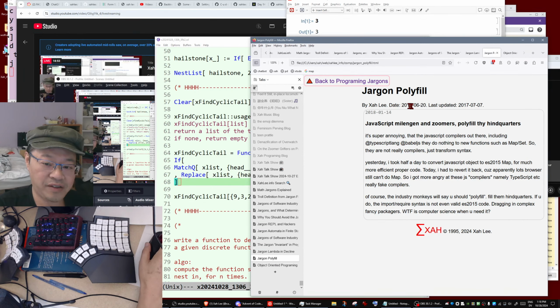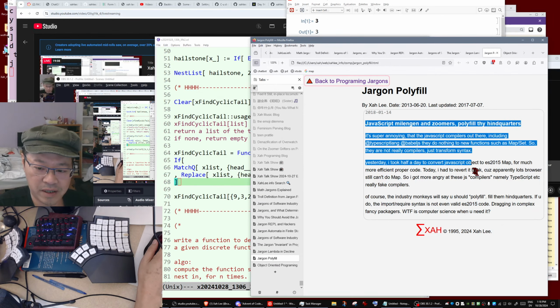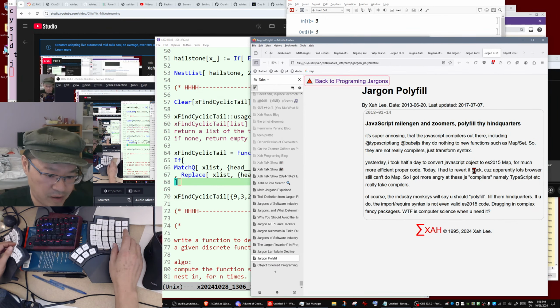Then you have polyfill. Polyfill is a new jargon which started life about 10 years ago from the JavaScript Zoomer idiots. Okay, you got the jargon polyfill. Okay, I'm not going to explain it, but if you code JavaScript or if you are a web dev, then you know what that means. Okay, you can look up polyfill.